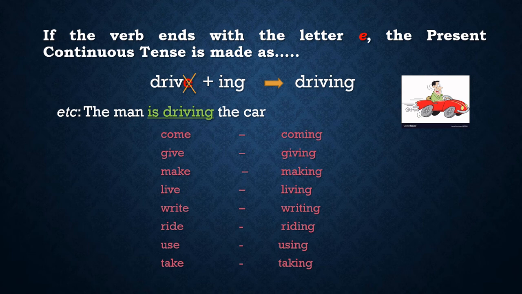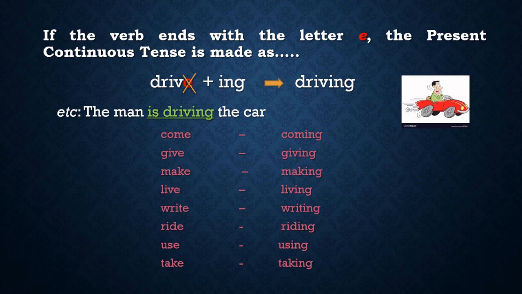If the verb ends with the letter E, the present continuous tense is made by dropping the letter E and adding ing. Drive, which is a verb that ends with E, we have dropped the letter E and we have added ing to it. Drive, driving. The man is driving the car.